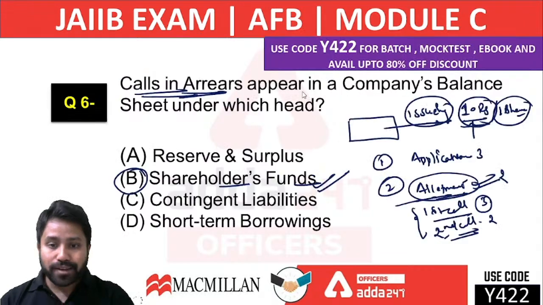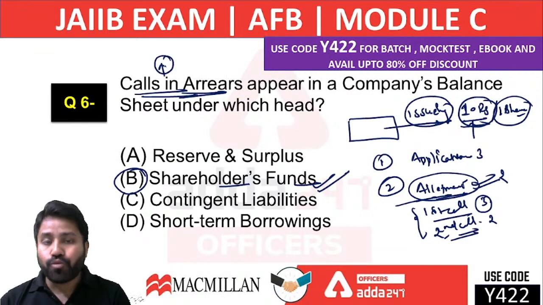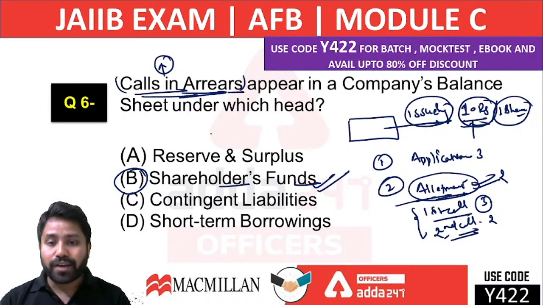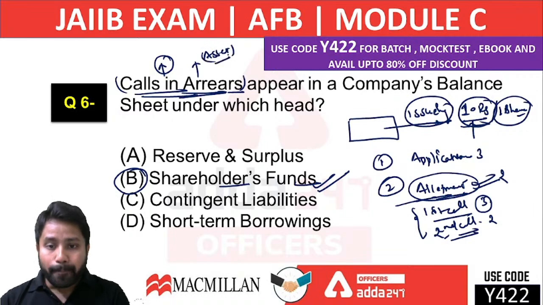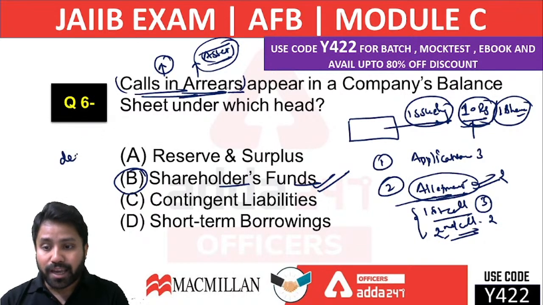So what do we understand by calls in arrears? Suppose the company demanded, but the shareholder has not paid the due amount. That is known as calls in arrears. You can understand this is something like an asset of the company, but it appears on the liability side because it is deducted from the share capital.